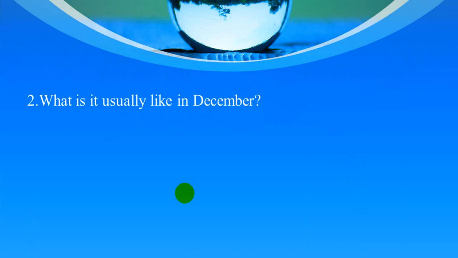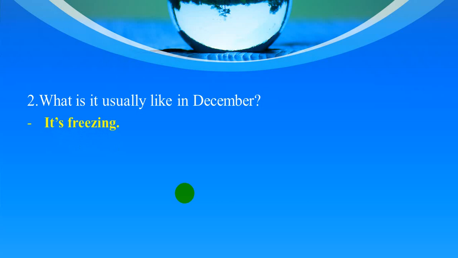Another question, what is it like in December? Most singers sing about December and how they miss the people they love and how they feel lonely in December. Why is December associated with cold, loneliness, being alone? Because people don't move a lot in December. Why? Because it's freezing.